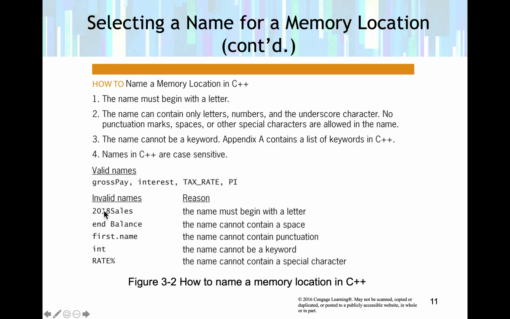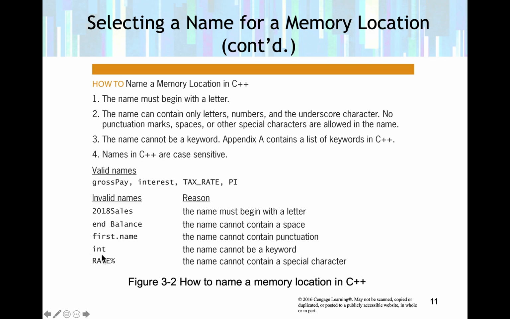Now this one's invalid because it starts with a number, you can't start with a number. This is invalid because it has a space, you can't have any spaces. This is invalid because it has a period. We can't have periods or any kind of punctuation in our variables. You can have underscores, that's it.